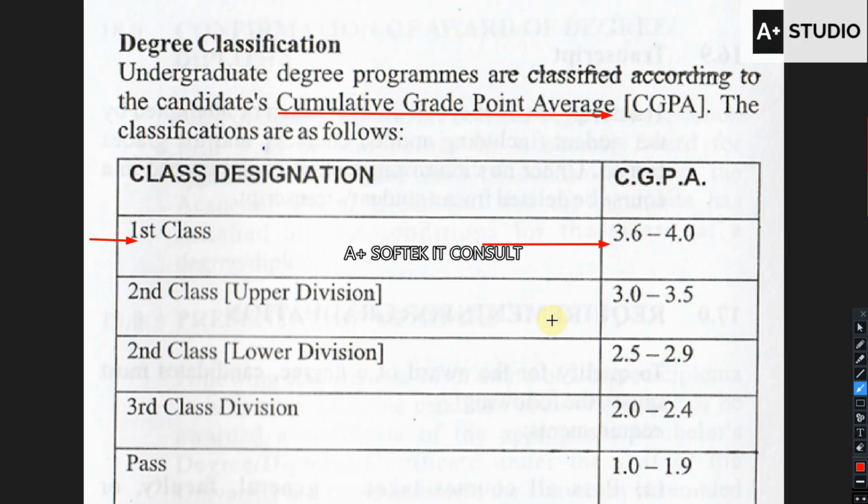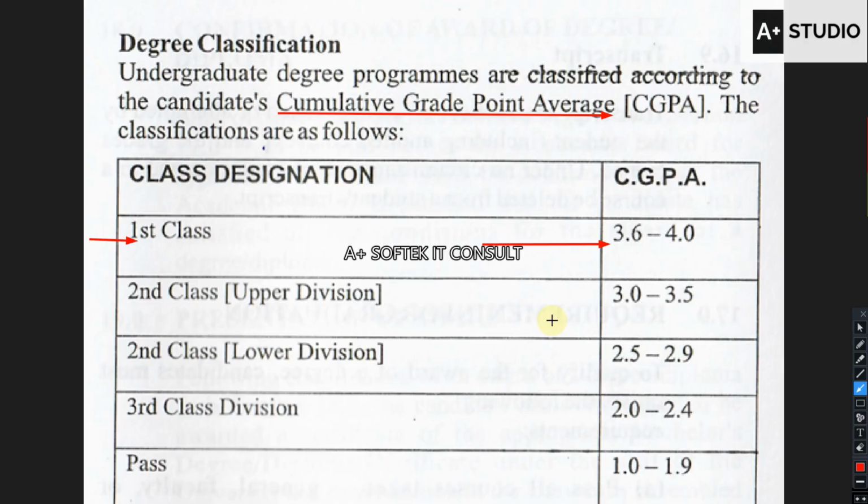So cumulative grade point average is not going to be one semester, it is going to be 2 or more semesters, which means we are adding 2 or more semesters together, and that makes it cumulative. If it is a GPA, it is only one semester.